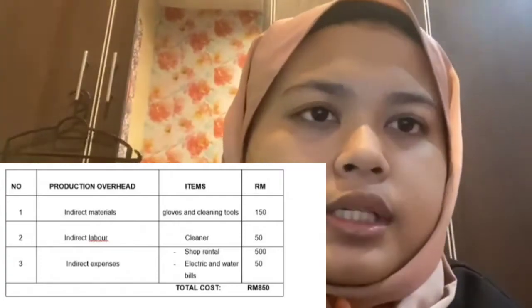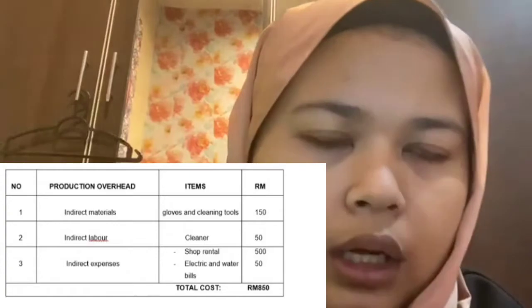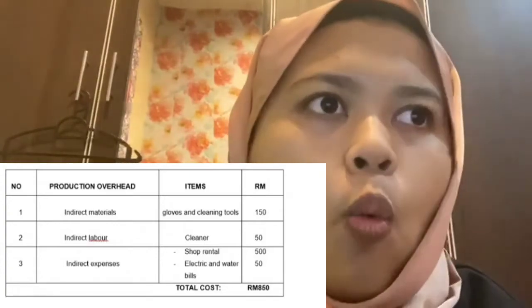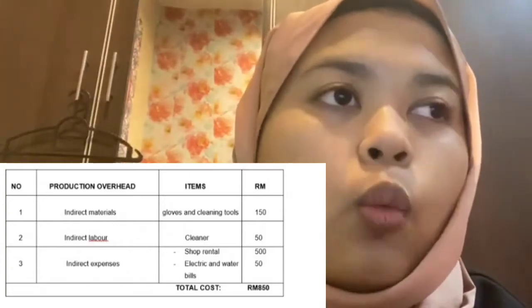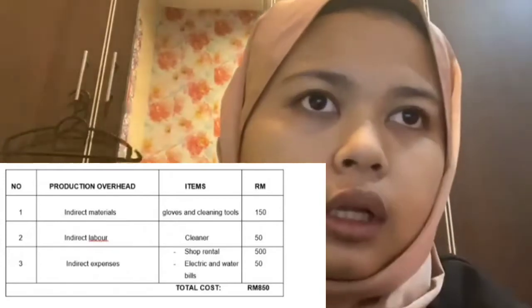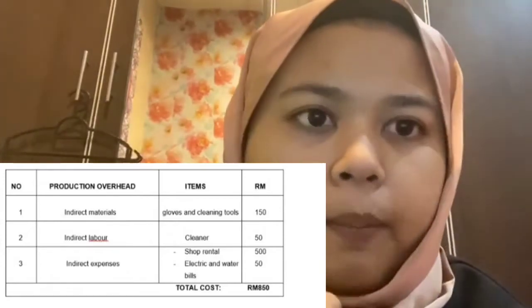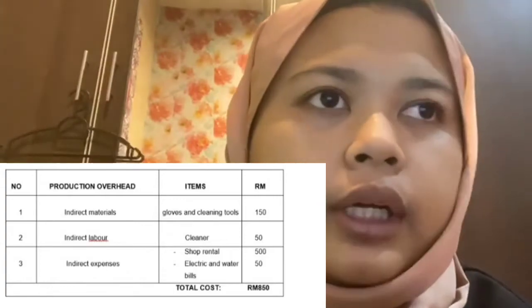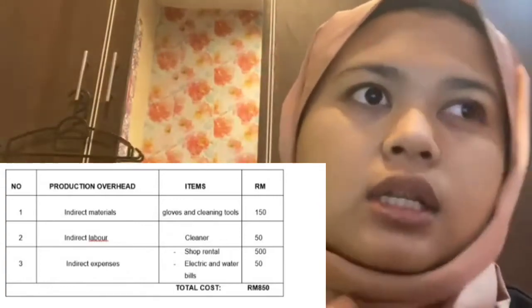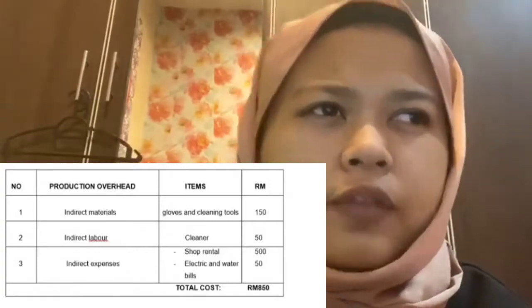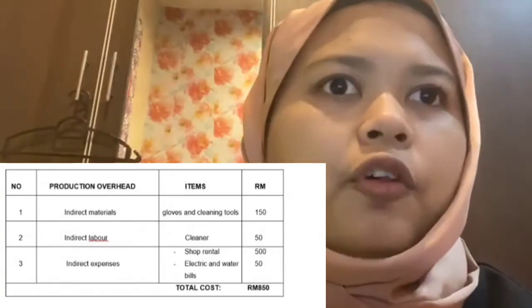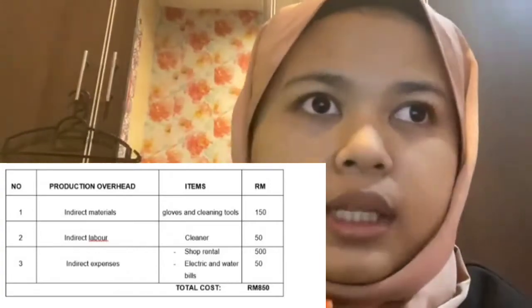The main reason why the rentals and bills were included is that when the products are sold, the rental and bill costs included in the product cost will be part of the cost of goods sold.